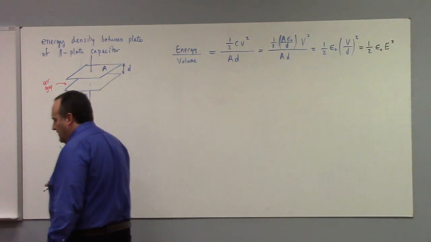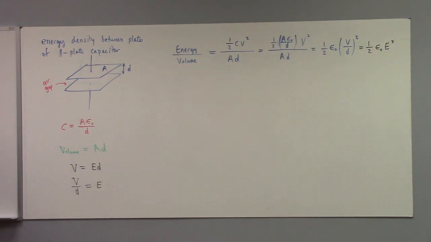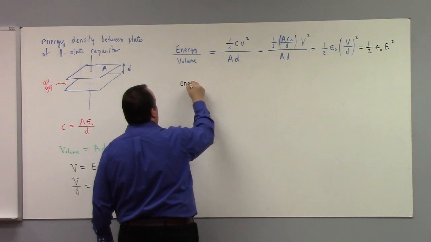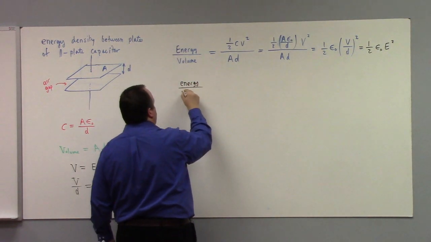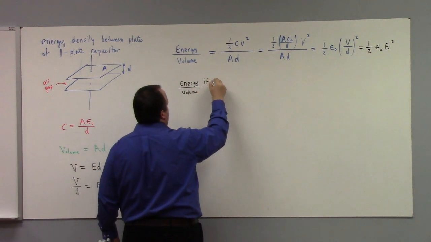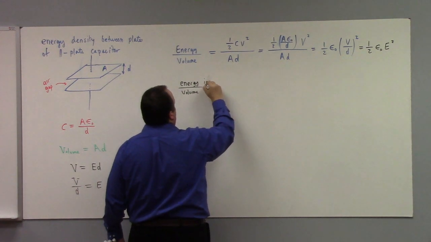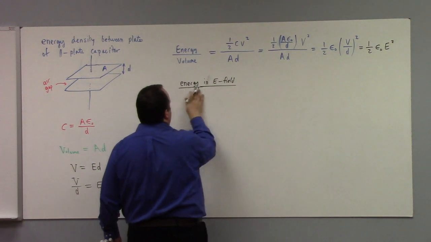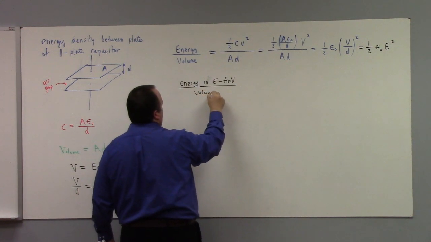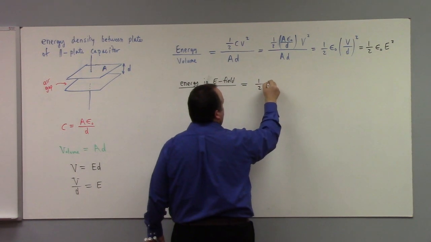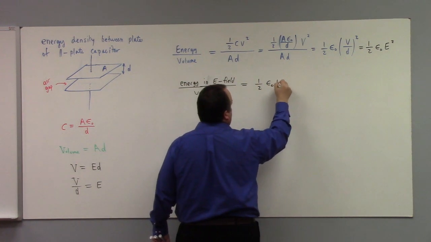What's interesting, and I think far from obvious, at least as far as I can cipher, is that this is a general truth. So the energy in the electric field per volume is equal to 1/2 epsilon naught E squared.